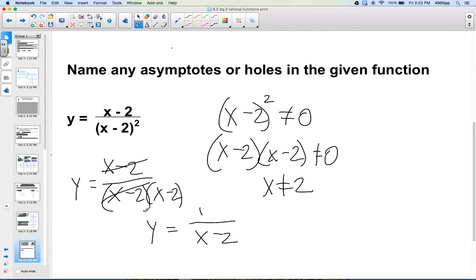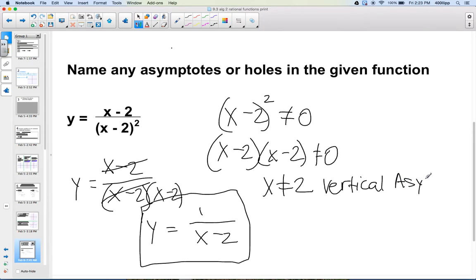So this is what you would actually graph when you go ahead and graph it. And this x equals 2 is going to be our vertical asymptote. So when I actually go ahead and graph it, it's just saying, do we have any asymptotes or holes in this? We do. It's at x equals 2, and it's a vertical asymptote for this.